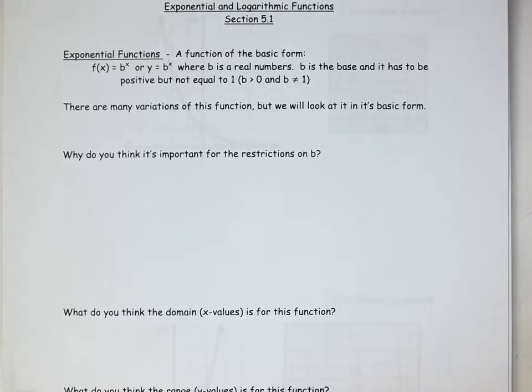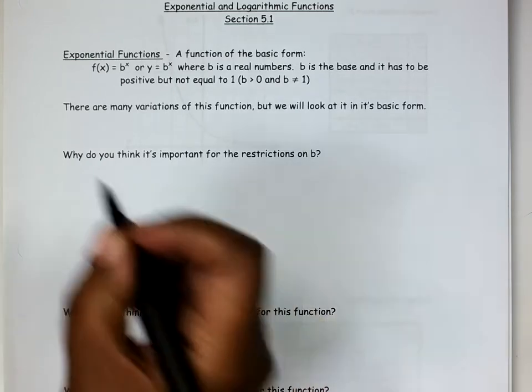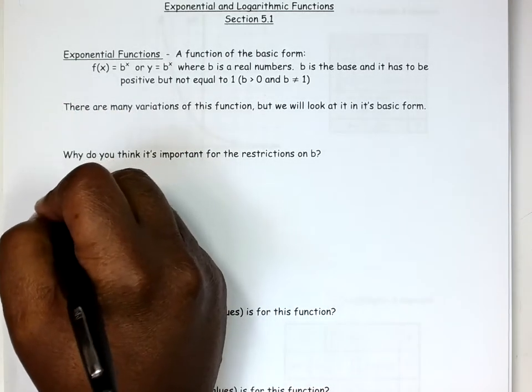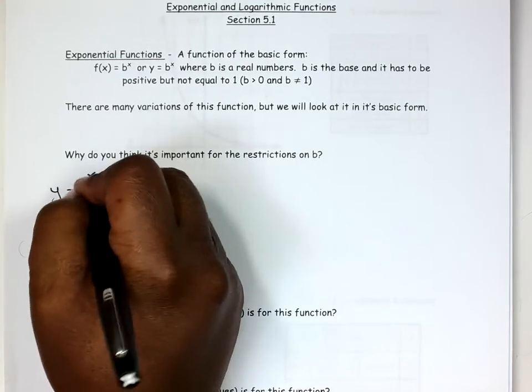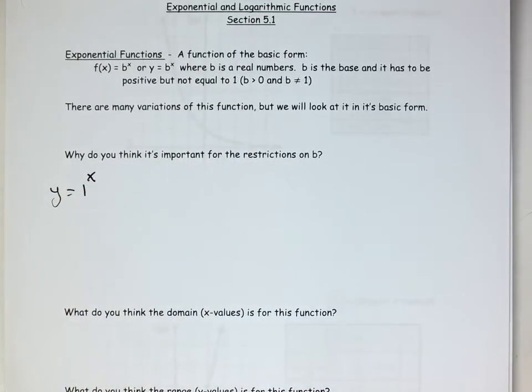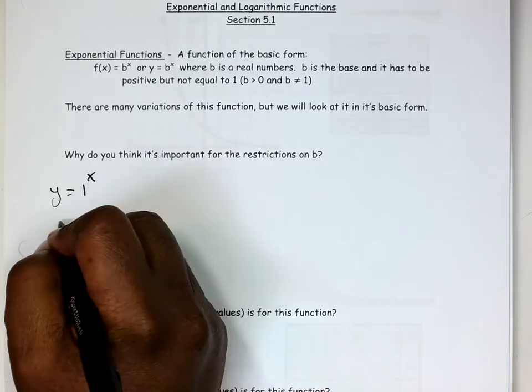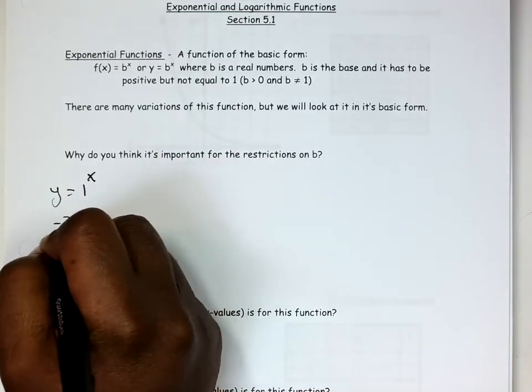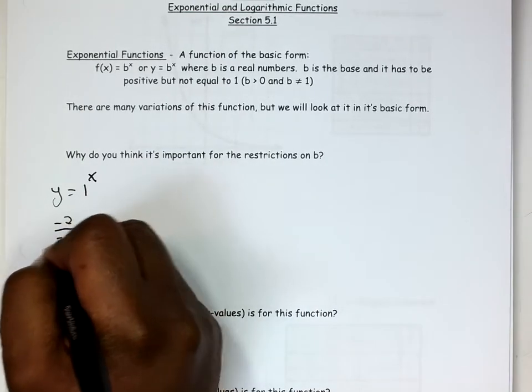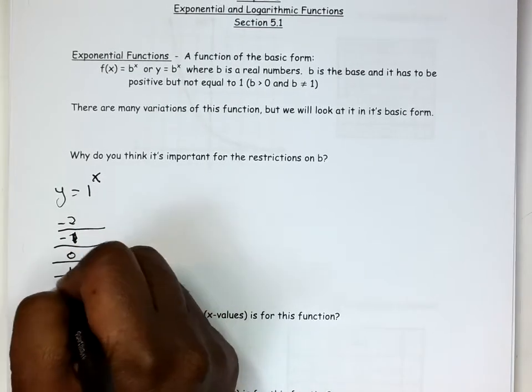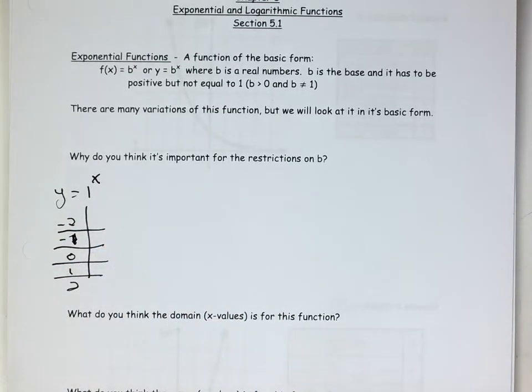So the first thing I want to talk about is why is it important to have restrictions on what b can be? Well, what if it could equal 1? So I'd have y equals 1 to the x. Well, 1 to any power is always just going to be 1.